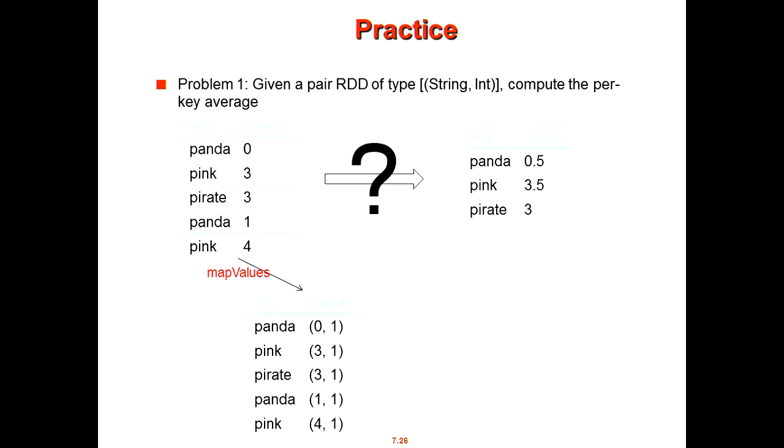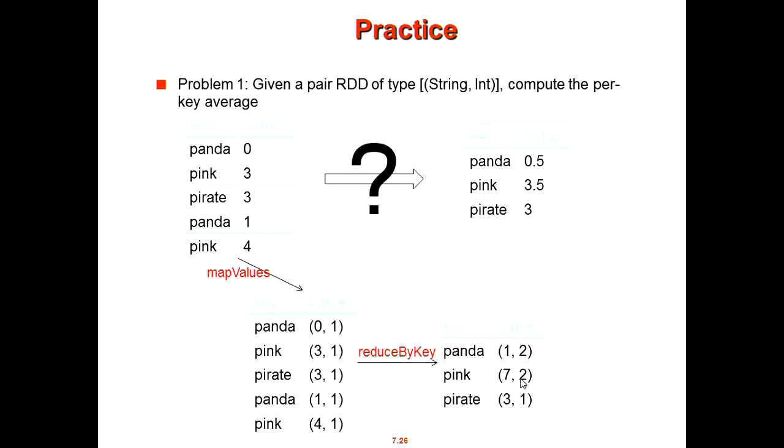That's why this is a better solution. By doing this, you get the value and the count, and according to reduce by key, you just do a sum. Both components in this pair will be summed together. As a result, for each key, we will get a sum and a count.